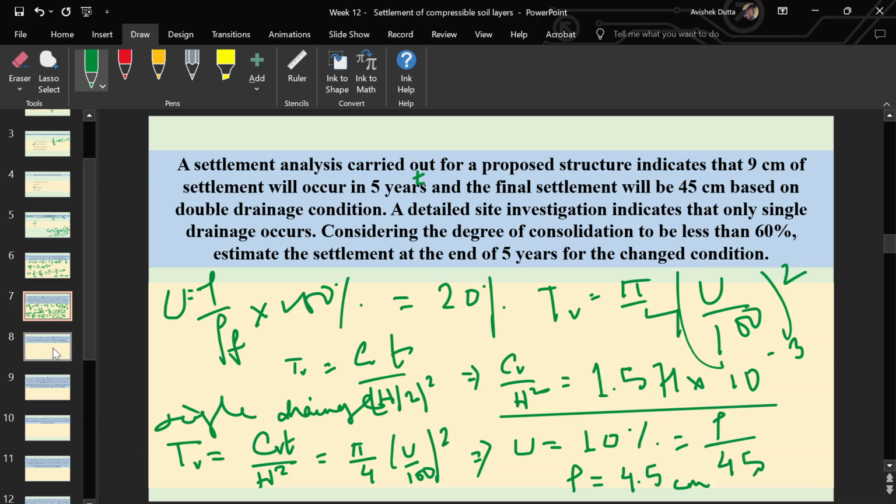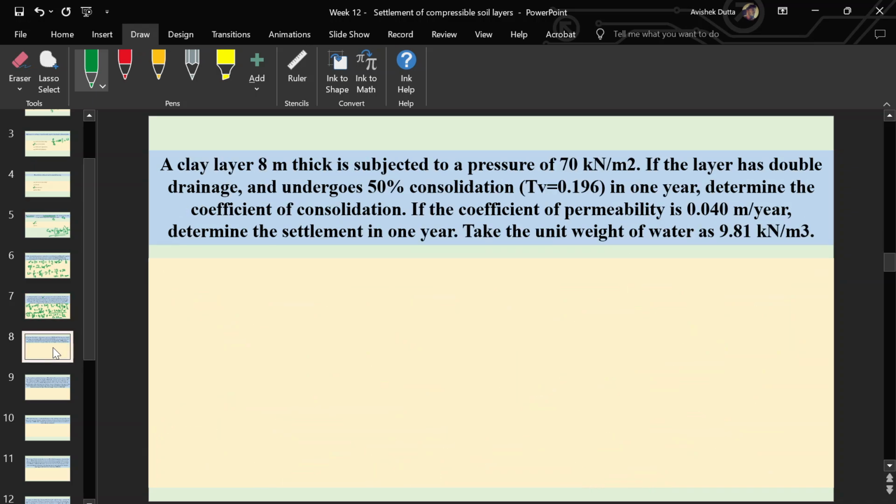Okay, so the next question was this: a clay layer subjected to a pressure of 70. TV has been given over here and it was told double drainage. Have you solved this question? Yes, sir. 50%. Do you want CV or settlement?